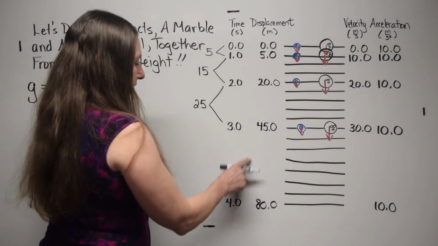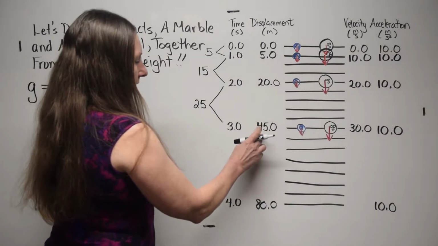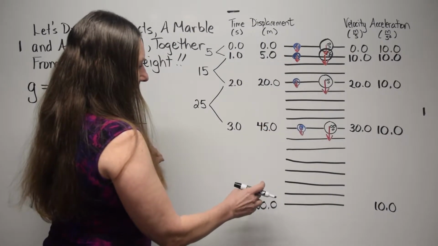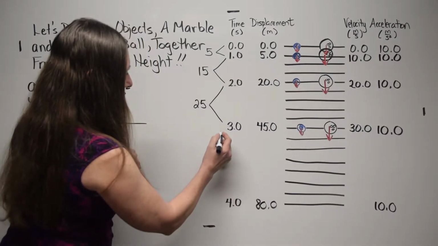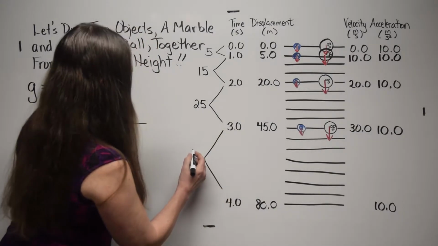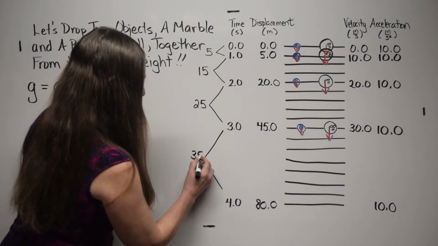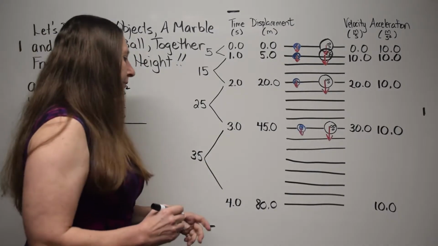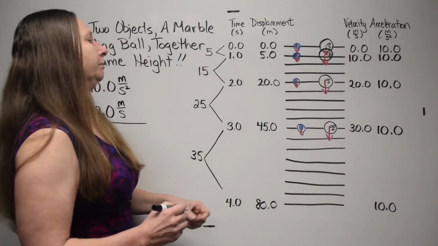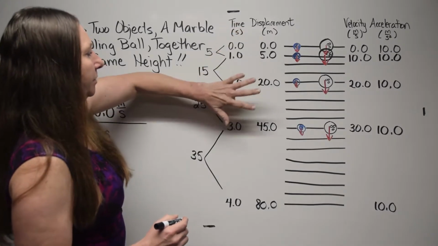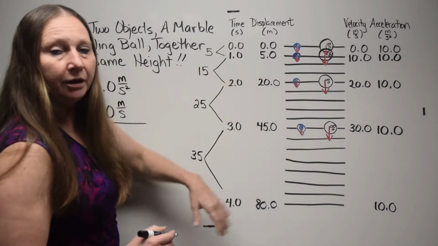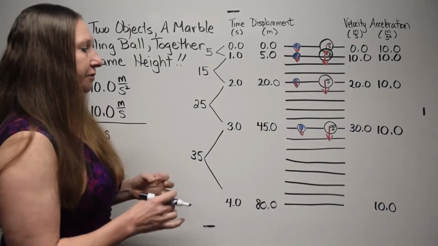So that means in this last second here, it fell, let's see, 45 to 80. We've got 35. 35 meters is what it fell in this second from here to here. So you see this displacement interval getting bigger and bigger as it falls faster and faster.